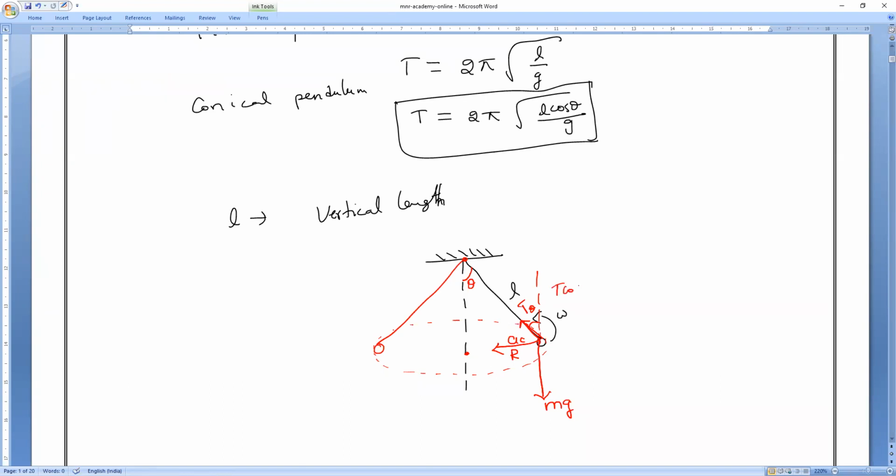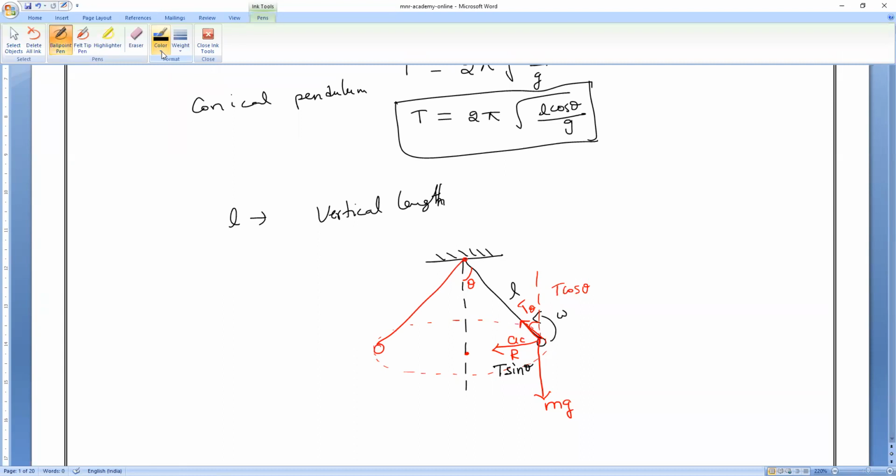T cos theta. And on the right side, perpendicular, what will come? T sin theta. Is it okay, everybody? Clear? Understood?